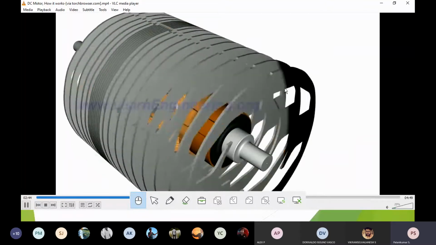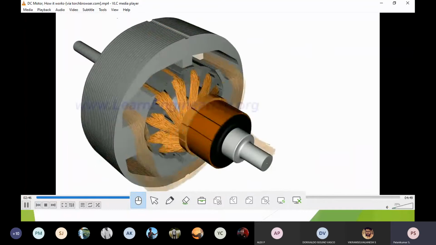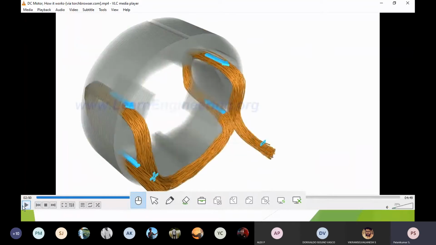Okay. So in a real-time application, including the stator, which is completely a magnetic material, that permanent magnet stator is replaced with an electromagnet. If I have a fixed coil arrangement, the stator also can be an electromagnet.